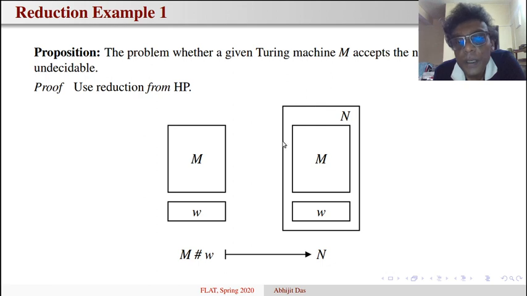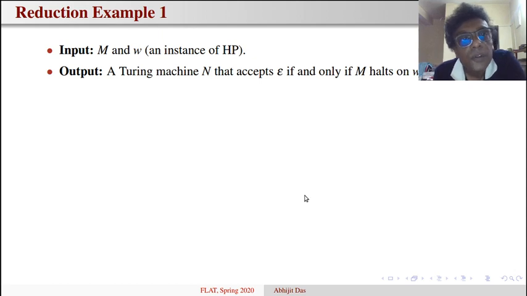So it will be a Turing machine N. And the property of this reduction will be: M halts on w if and only if N accepts epsilon. Okay. This reduction algorithm must ensure this. So the input is M and w, an instance of the halting problem, and the output is a Turing machine that accepts epsilon if and only if M halts on w.